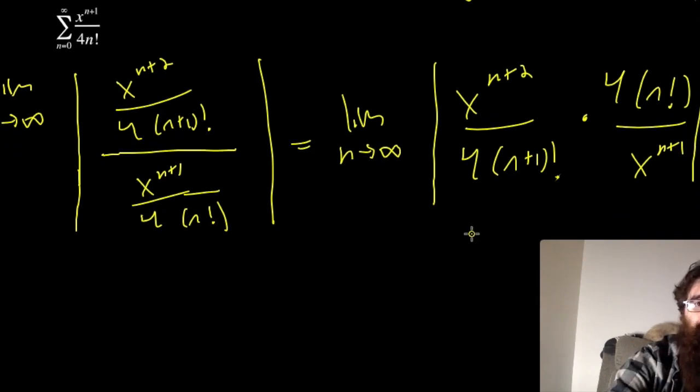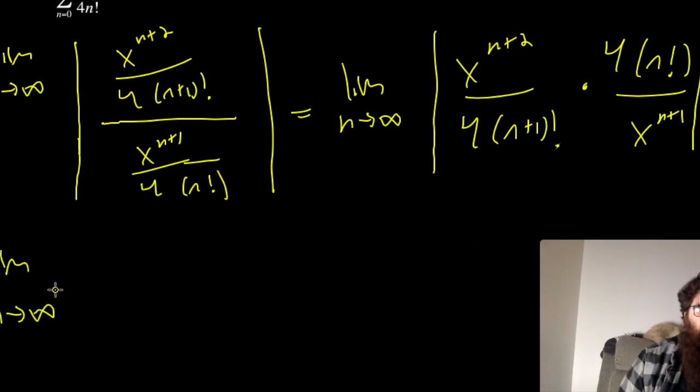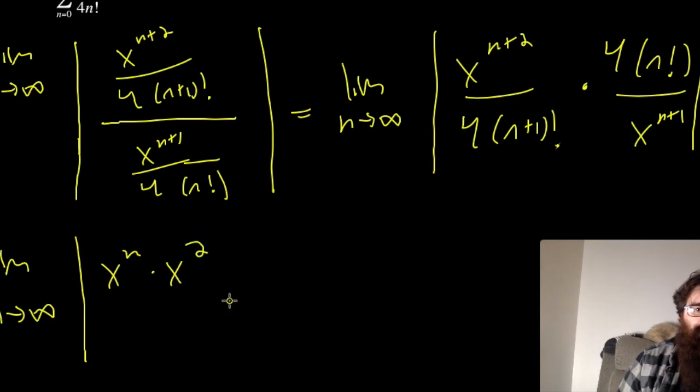I want to break this up as much as I can, keep working with it. So I'll say limit as n goes to infinity, absolute value of, let me break this up, x to the n plus 2, I could say that's x to the n times x squared. And similarly, x to the n plus 1, that's x times x to the n.